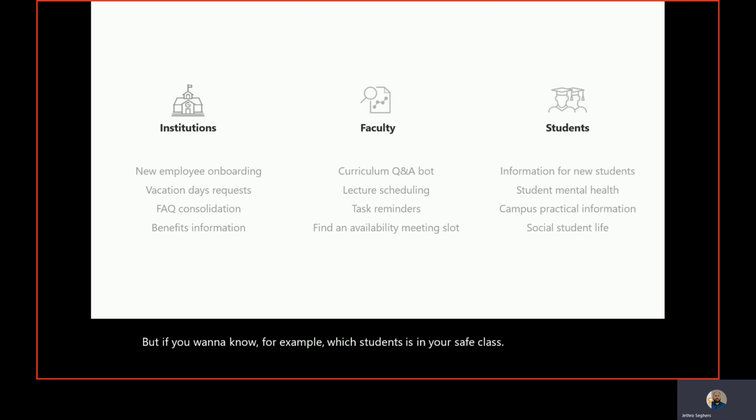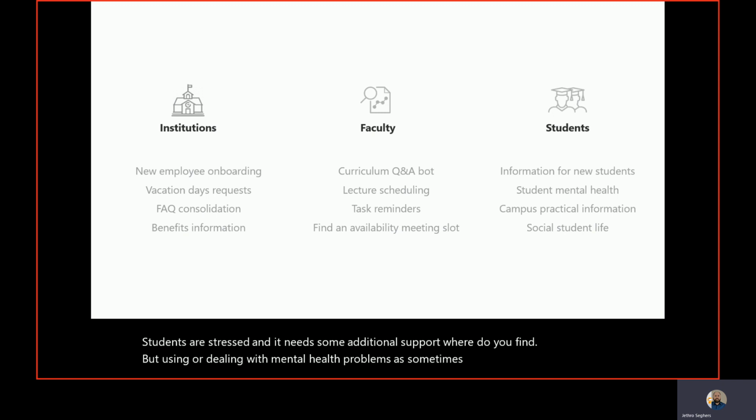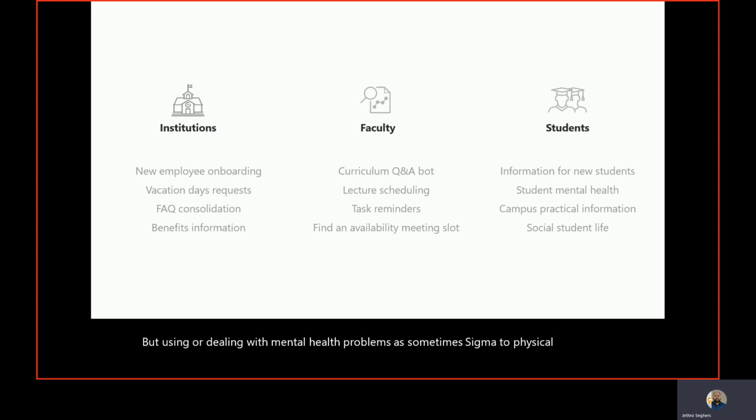When students are stressed and they need some additional support, where are they going? Where do you find it? Dealing with mental health problems sometimes has a stigma, and you don't always want to reach out to a physical person to get that. So having those first interactions with a bot might be something that is interesting to them. So those are some of the scenarios that you might have specifically with your students.